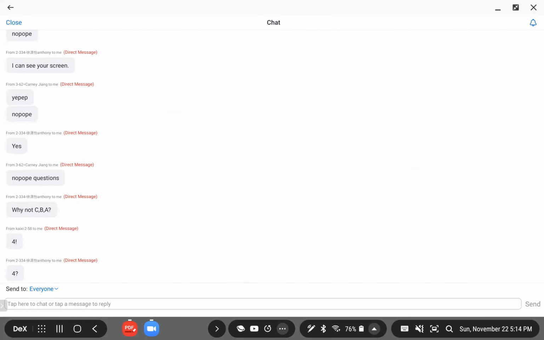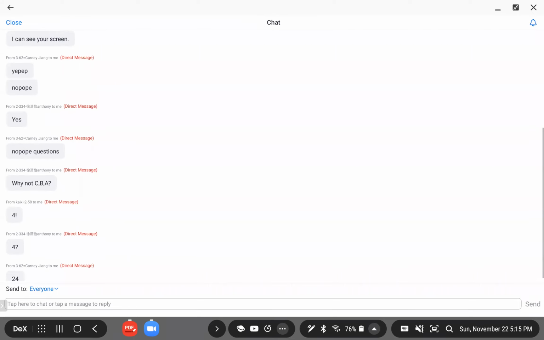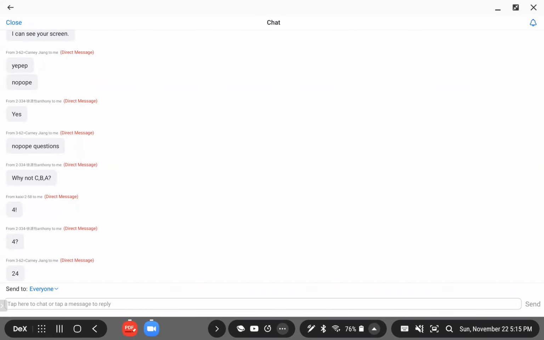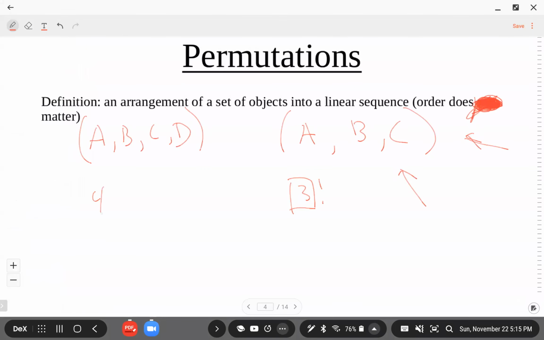Kaishi says 4 factorial. Very good. And Carney says 24. Very good, you multiplied it out. So you understand, it will be 4 factorial. That is basically what a permutation is.